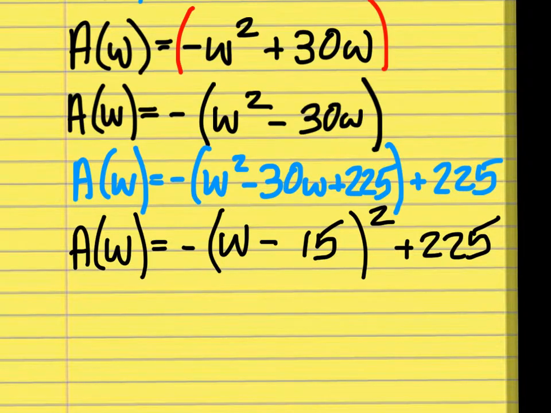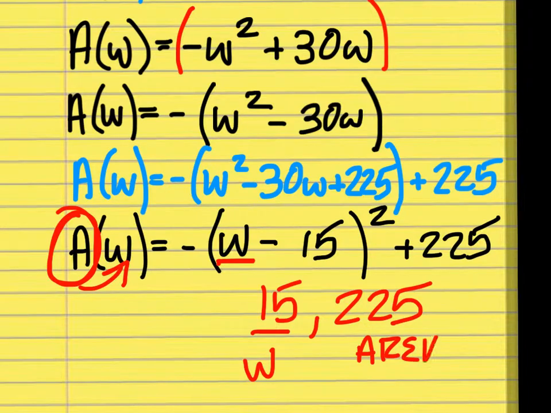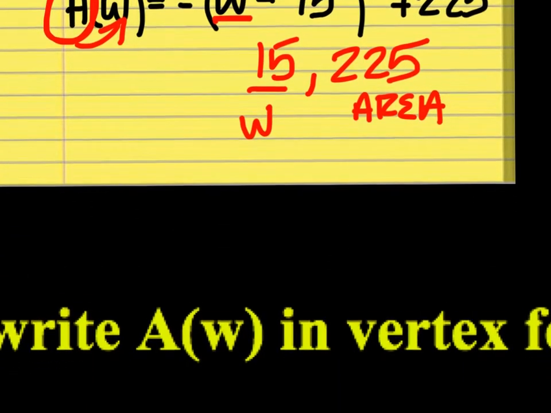And what is the vertex according to this equation? That's right. And remember that W, what you're putting into this function, which is the x value, is 15. That is the width. The 225 is the result. That's what you get out of it. That is the area.